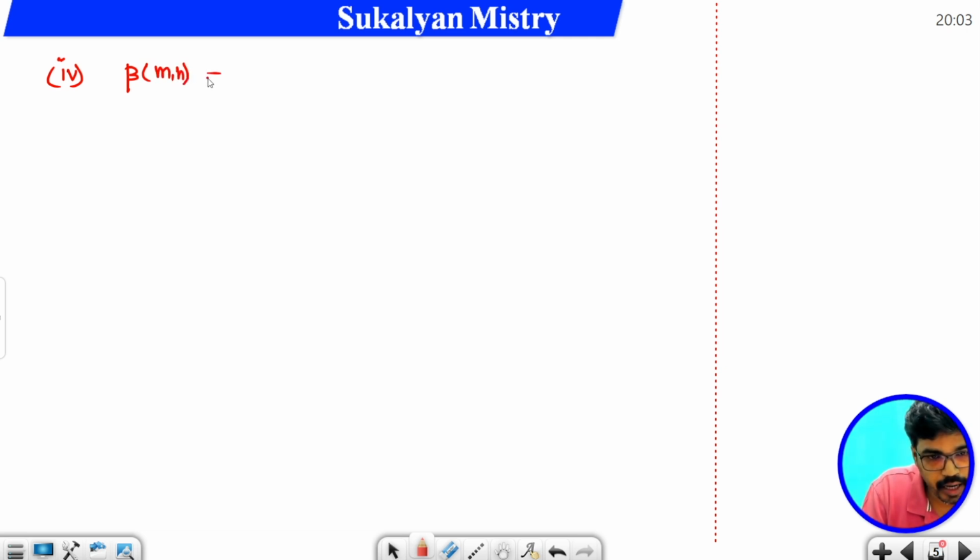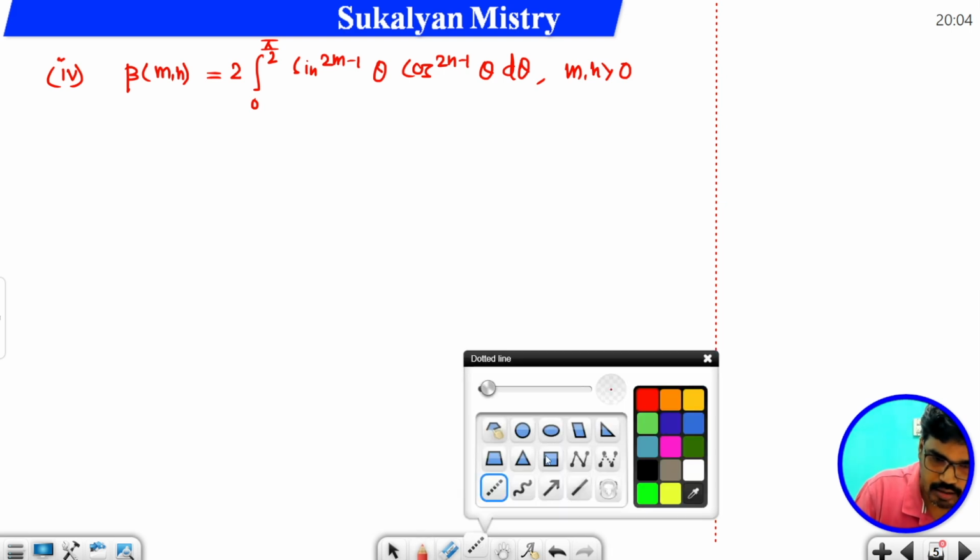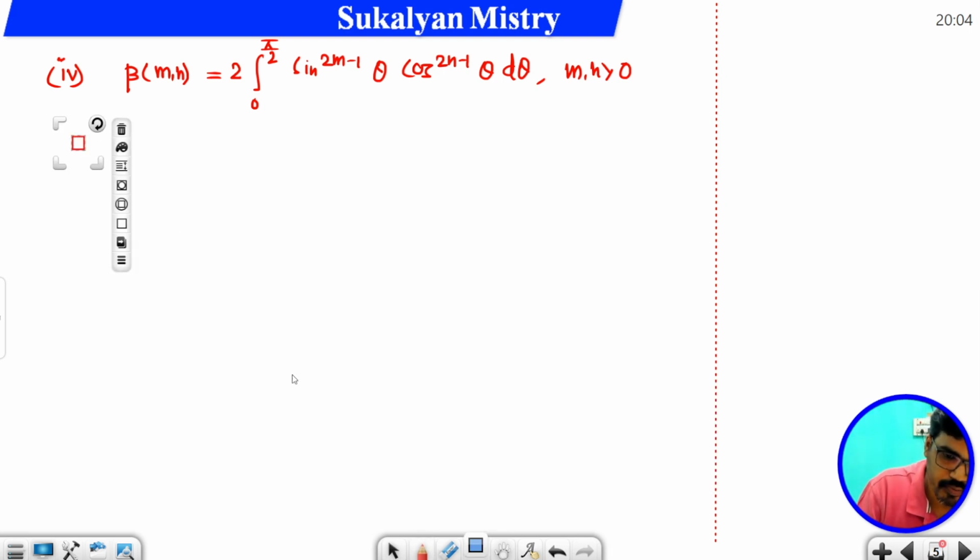Beta m comma n is equal to 2 times the integration from 0 to pi by 2 of sine to the power 2m minus 1 theta cos to the power 2n minus 1 theta d theta, where m comma n are greater than 0. It is very important, so we have to prove this.